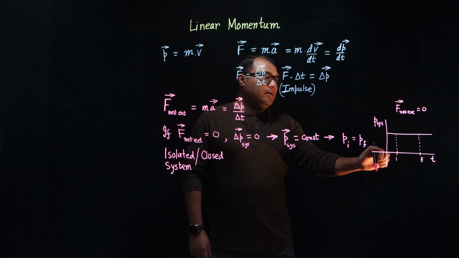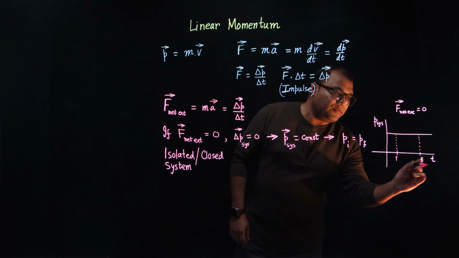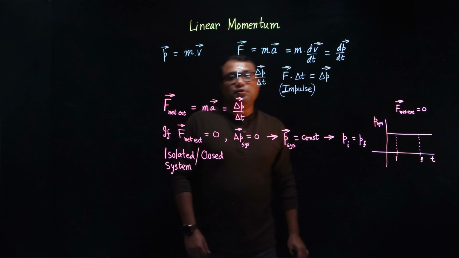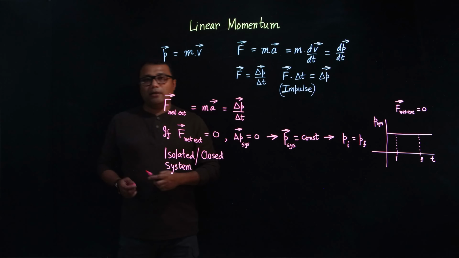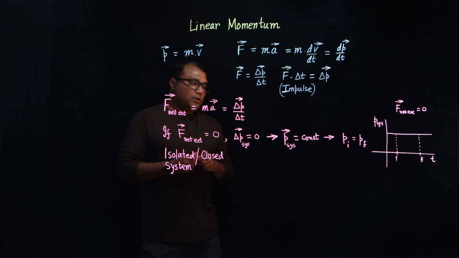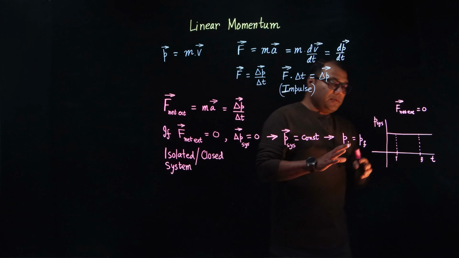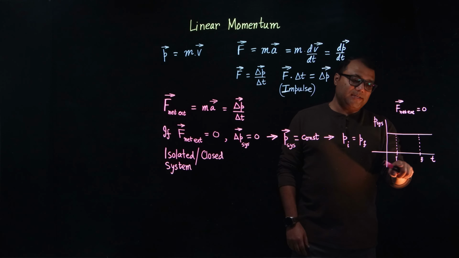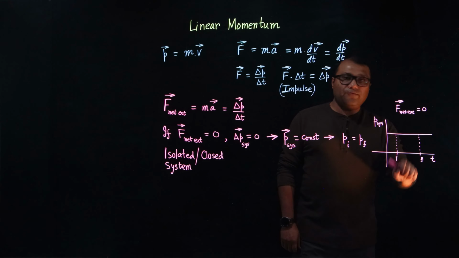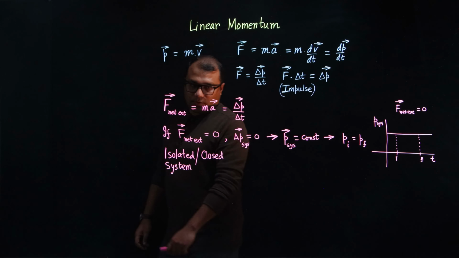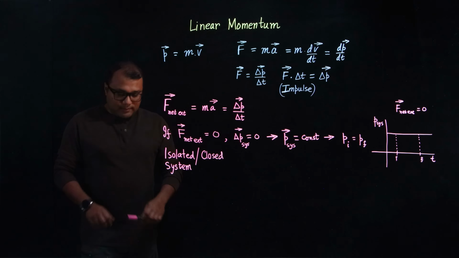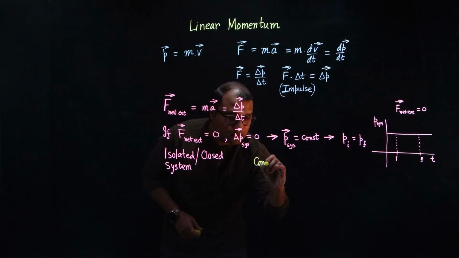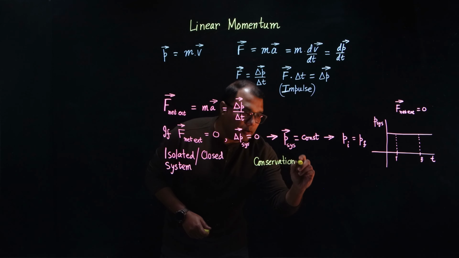The momentum at any initial point or any final point will be the same. In fact, at all times between that chosen initial and final point. It's a very important concept and very important to understand what's happening between the initial and final points that we are considering. Everywhere momentum is conserved. This is called conservation of linear momentum.